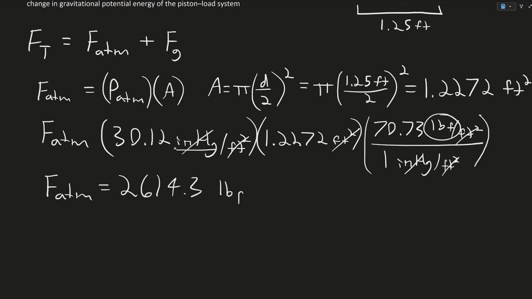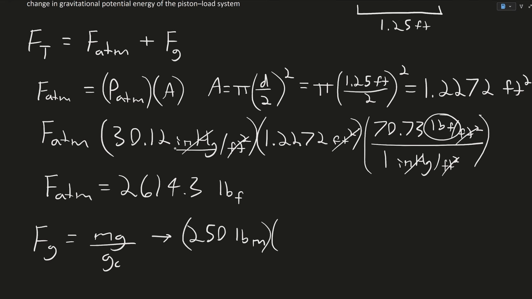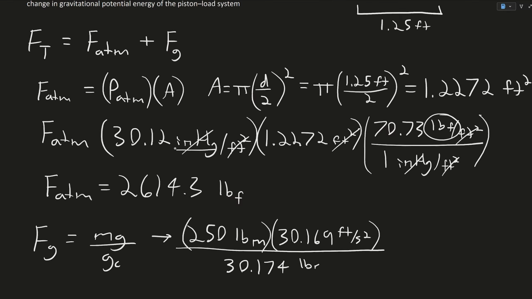So plugging this in, our atmospheric force is equal to 2,614.3 pound force. Now our force of gravity is equal to m g divided by g sub c. So plugging this in, we have 250 pound mass times the gravitational constant, which is 30.169 feet per second squared, all divided by g sub c, which is 30.174 pound mass foot per pound force second squared.